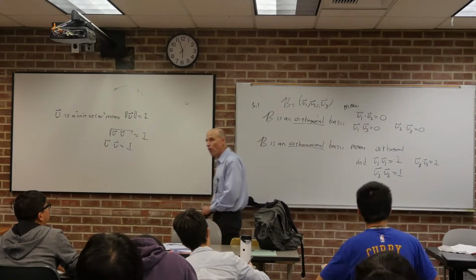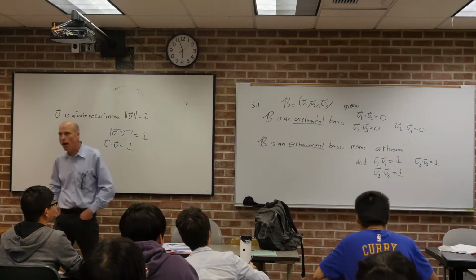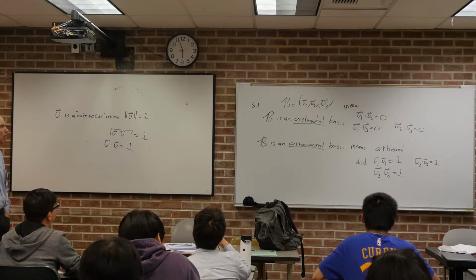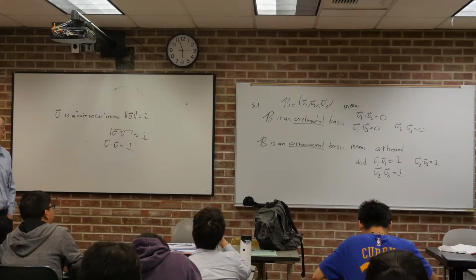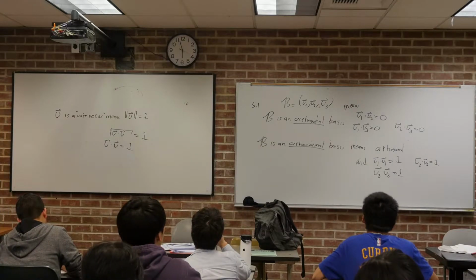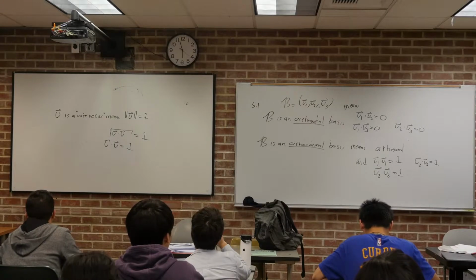And then orthonormal means orthogonal plus every one of the vectors in the basis is a unit vector. So orthogonal means they're all perpendicular to each other. Orthonormal means they all have length one.